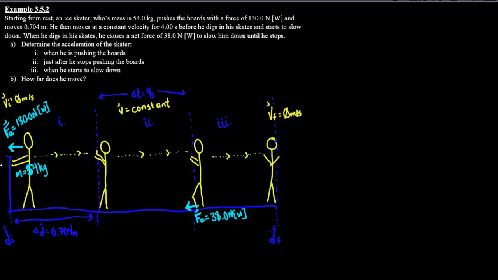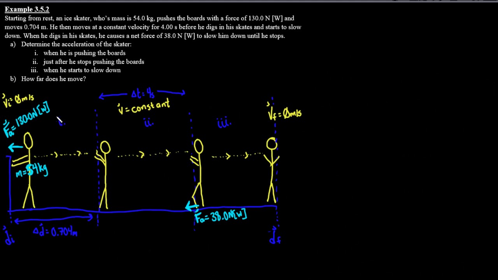So you'll notice here I've drawn the situation already with all of our given information and broke it down into all 3 sections already. Okay, so because the acceleration changes in each portion, we have to look at each individual section as its own problem.